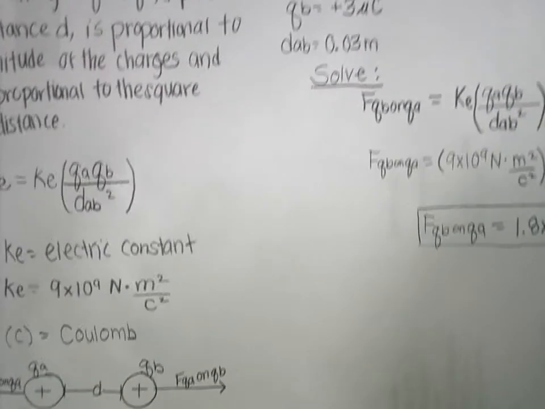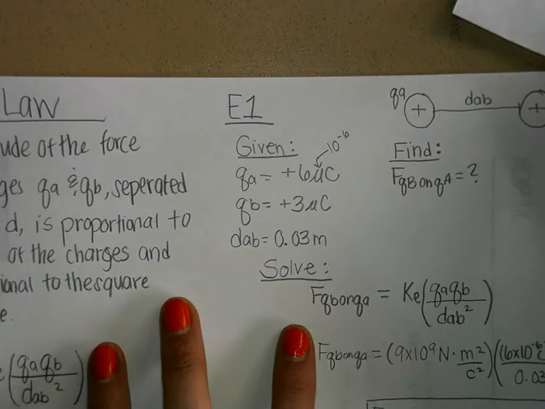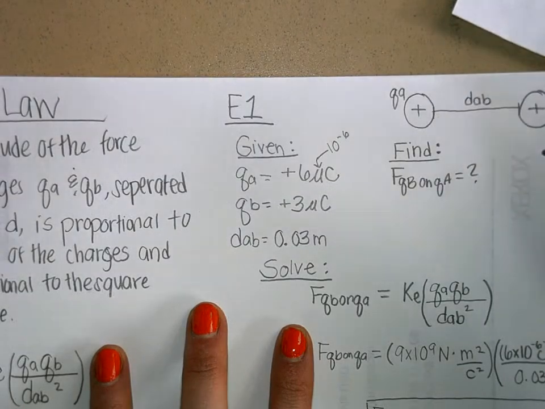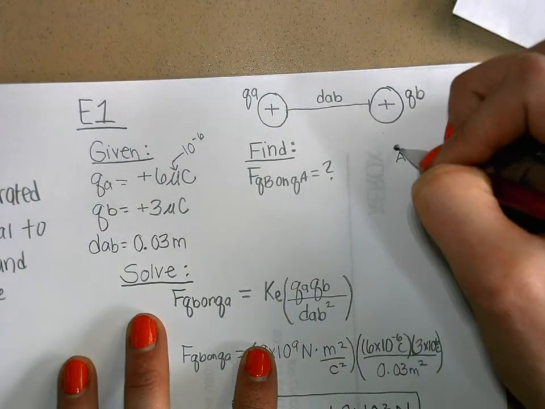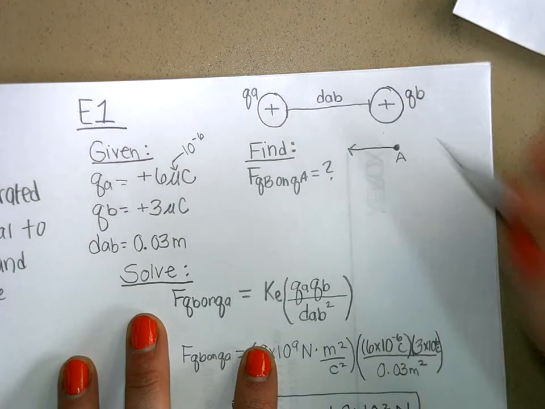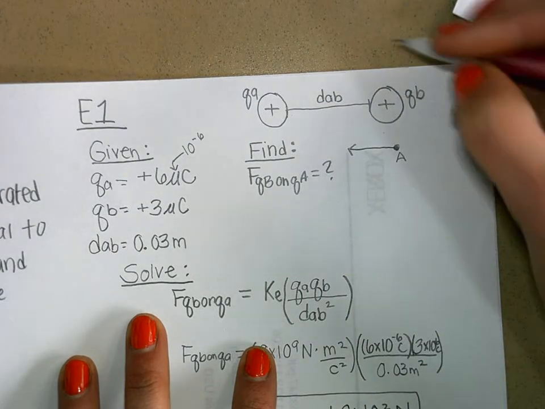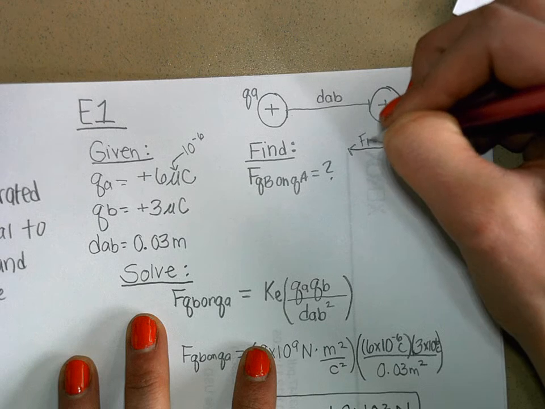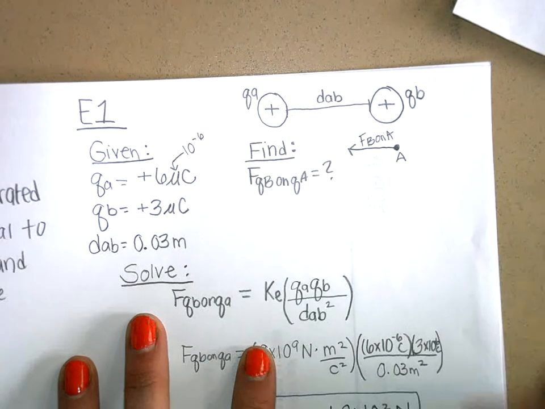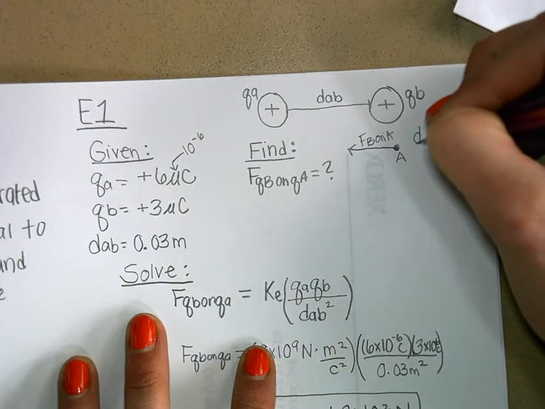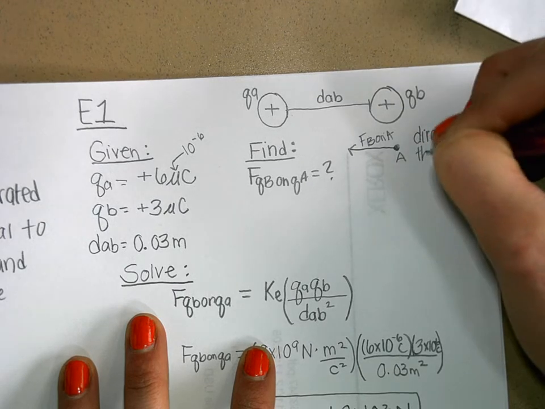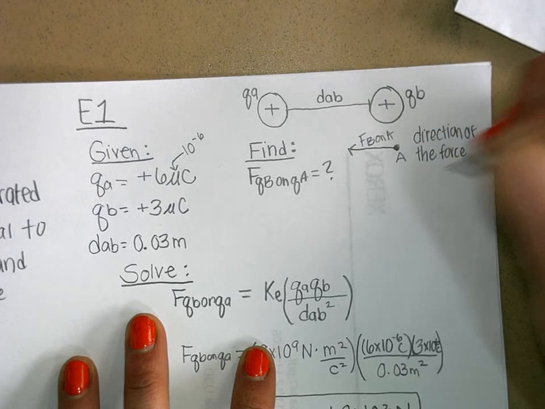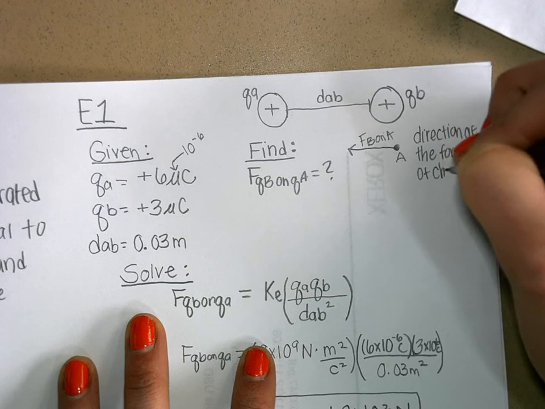So over here, if we have object A, this is my force of charge B on charge A. That's the direction. So this is the direction of the force of charge B on charge A.